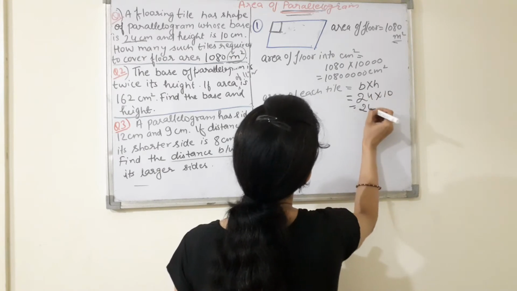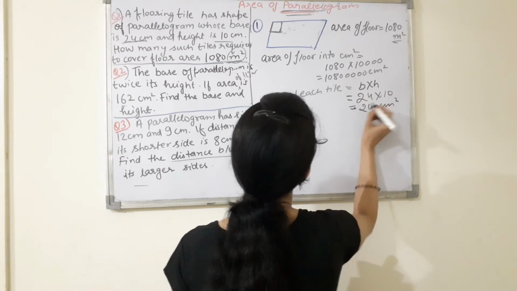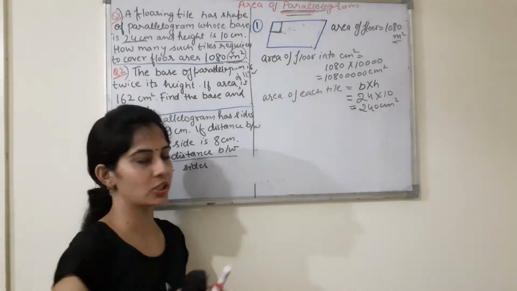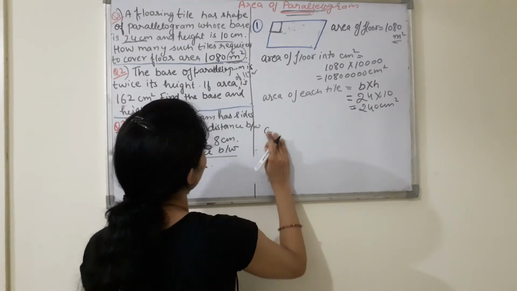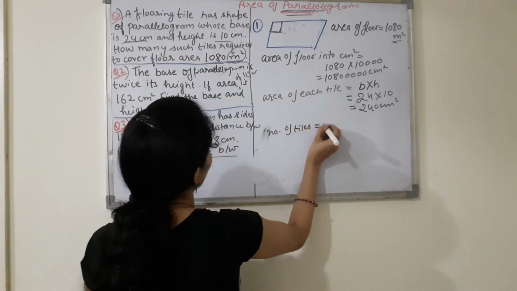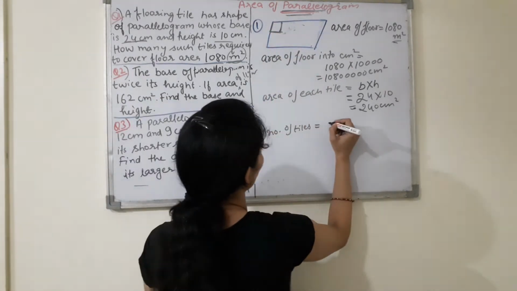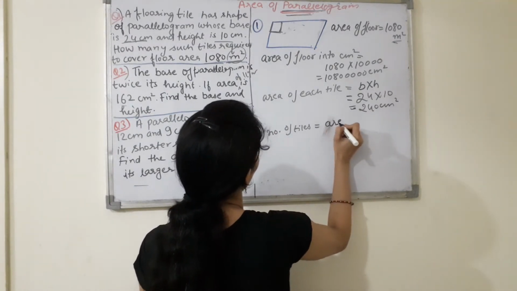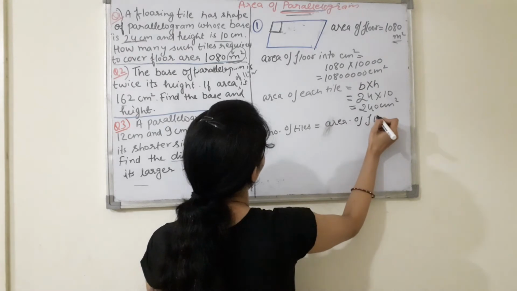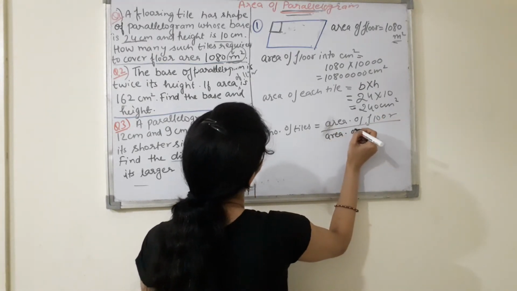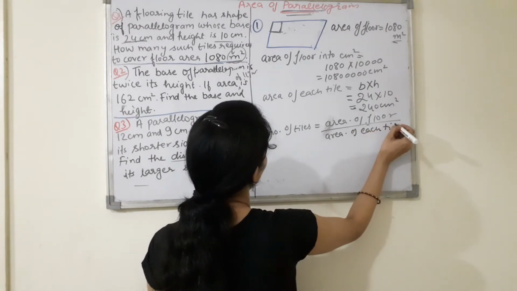So this will be 240 centimeter square, because both the units are given in centimeter. Now the number of tiles will be the area of the floor divided by the area of each tile, right?